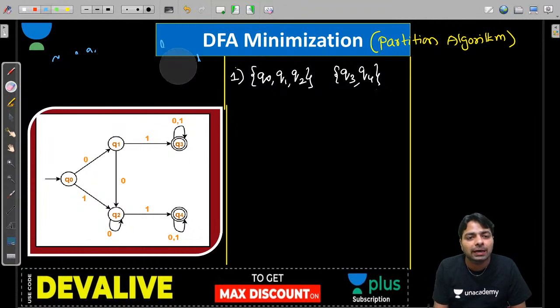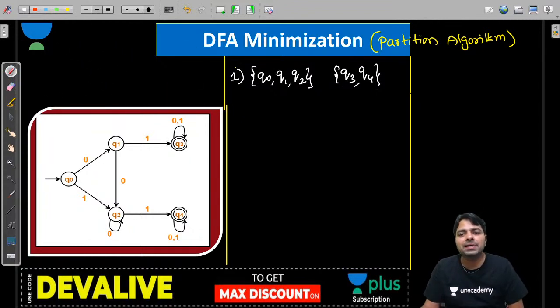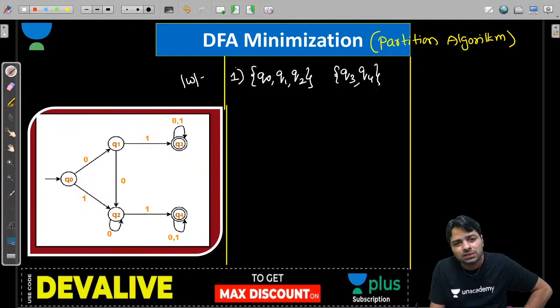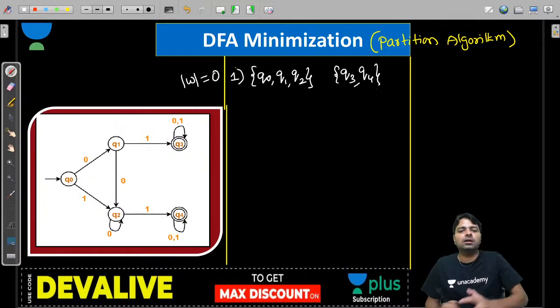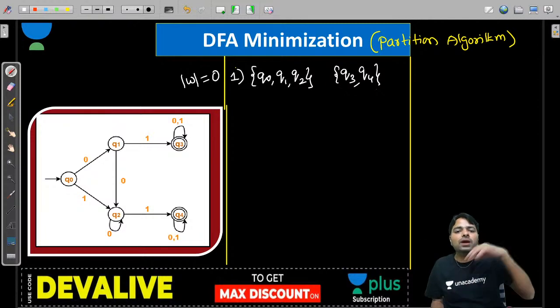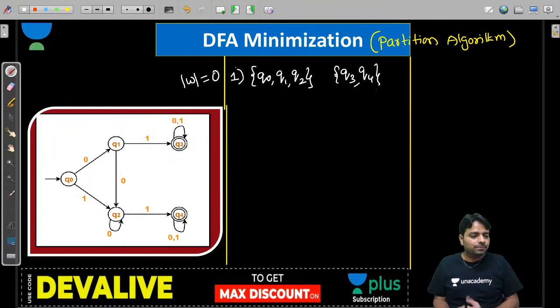So by looking at epsilon, step 1 basically works on length of W equal to 0. On epsilon, we are able to understand Q3 and Q0, Q3 and Q1, Q3 and Q2 are distinguishable. Similarly, Q4 and Q0, Q4 and Q1, Q4 and Q2 are distinguishable. Is that clear?